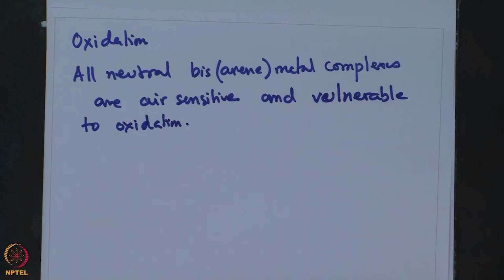And this is something which is quite sharp in contrast to that of ferrocene or the metallocene complexes. Many 18 electron metallocene complexes are quite stable in air and moisture, and not as susceptible to oxidation as the current bis-arene complexes are.